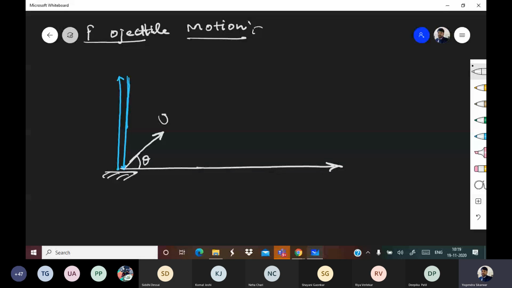Then the object will follow a path like this and it will land at point, let's say, B. The projection point is O. So pay attention. We can resolve this velocity into two components. One is u cos theta, and one in the vertical direction, which is u sin theta.